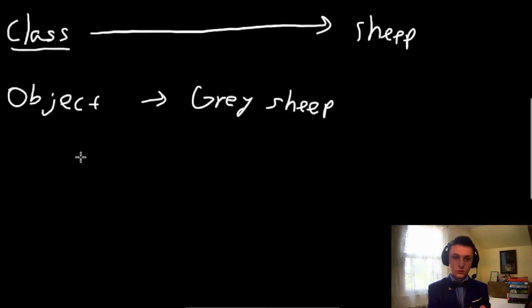Like, I could create a gray sheep. I fill in the color characteristic. I could fill in a sheep that has 10 health. That would fill in the HP characteristic. I could create a sheep that moves once every 20 seconds. That would fill in one of the behavior characteristics. So classes are empty sheets of paper, and objects are you filling in those sheets of paper to describe a specific object, a specific instance.